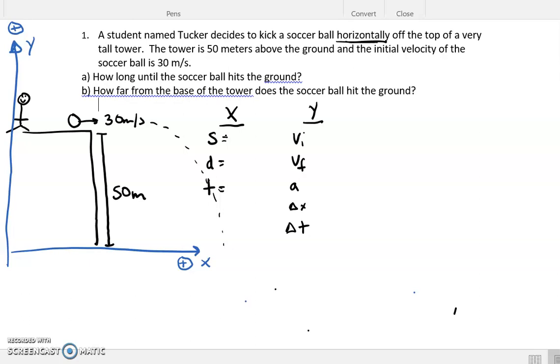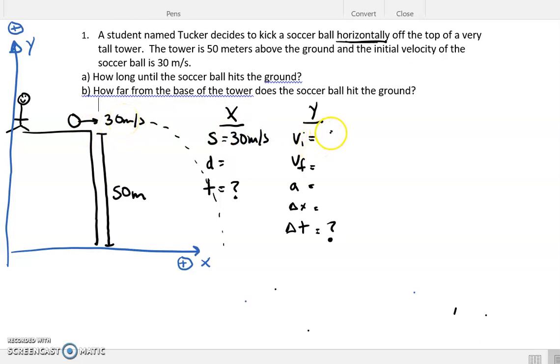So now I'm going to go ahead and put in my givens and figure out what I want to solve. So let's see. For A, it looks like we want to find time. So, okay, I'll put a little question mark for time. Speed, it's moving 30 meters per second horizontally. That is the x direction. So I'll put that in. How fast is it moving up and down in the y direction initially? It looks like not at all.